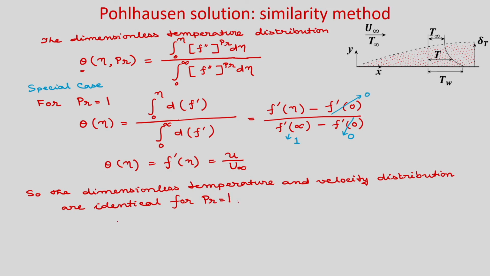That means, for Prandtl number equal to 1, you have delta is equal to delta t. So, the non-dimensional temperature distribution will be the same as the non-dimensional velocity distribution.